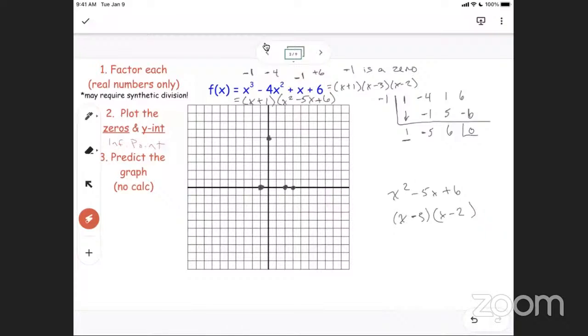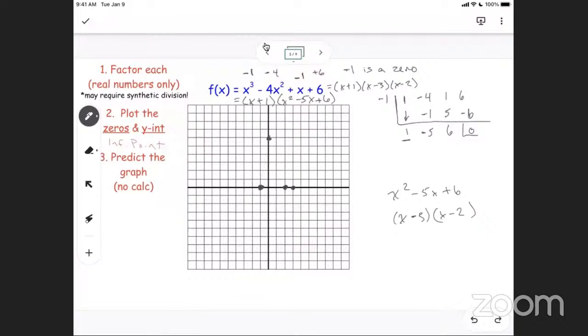Well, remember end behavior, it's an odd degree function. Sorry, it's not an odd function, it's an odd degree function. And it's positive leading coefficient. So I know this end's going to be going up and this end's going to be going down. So my rough sketch of the graph is going to be, and all of the multiplicities are 1 or are odd, right?